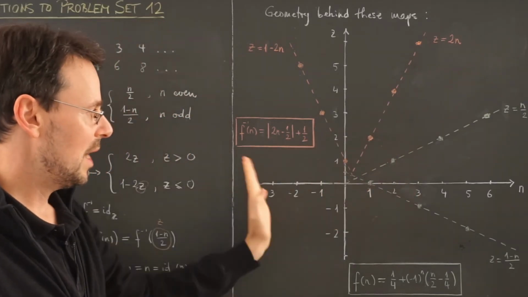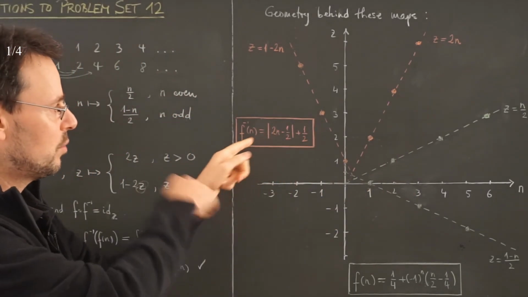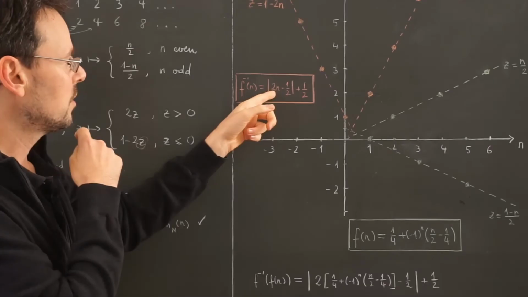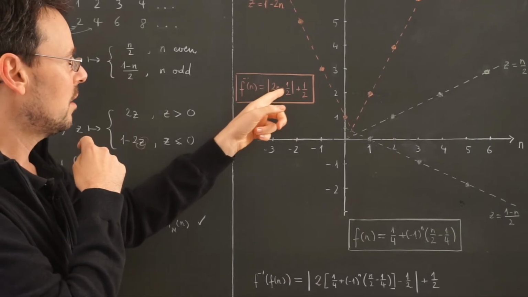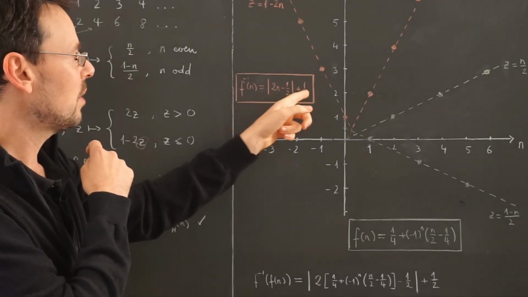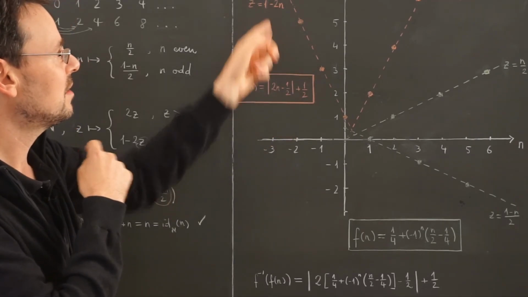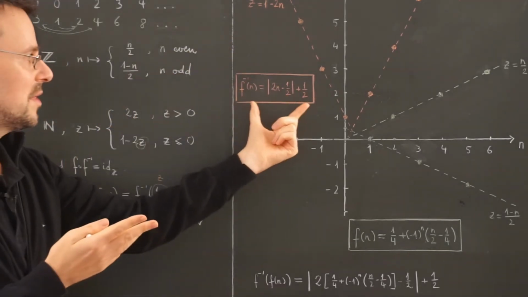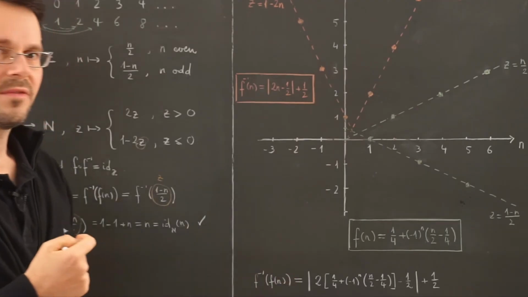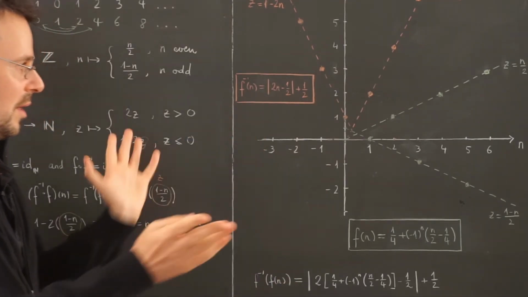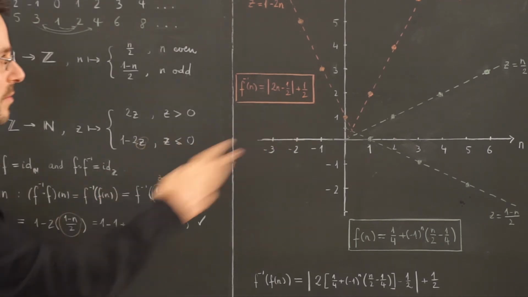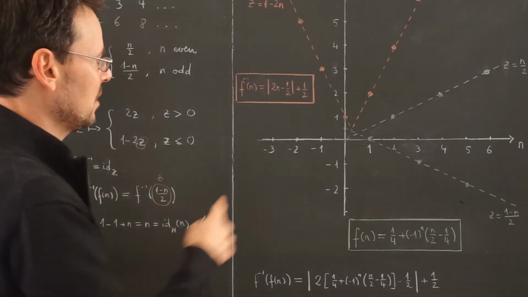If I'm left of 1, I have to put a minus sign if I want the absolute value to vanish. So I end up with minus 2n plus 1/2, which is exactly this here, minus 2n plus 1. So this is a closed expression for the inverse function, which even works for the real numbers as a domain, but then of course also for the integers as a domain.